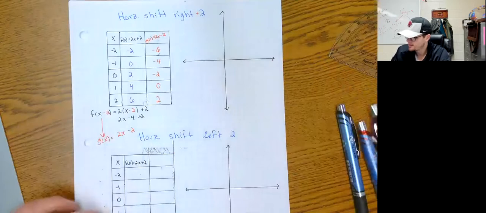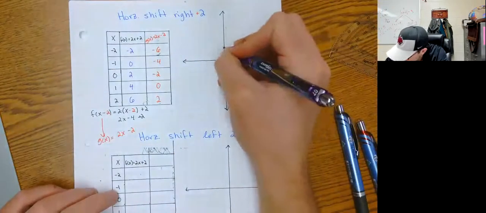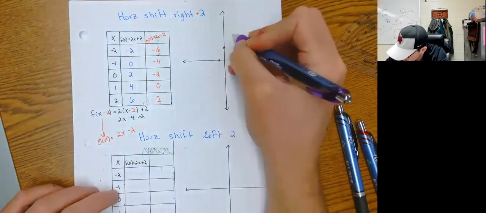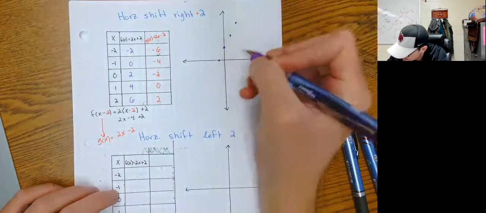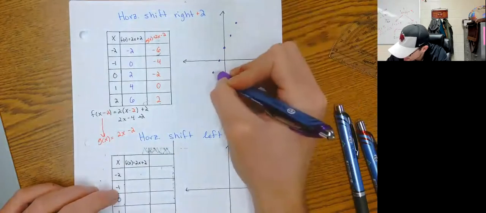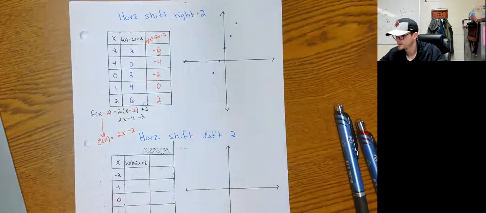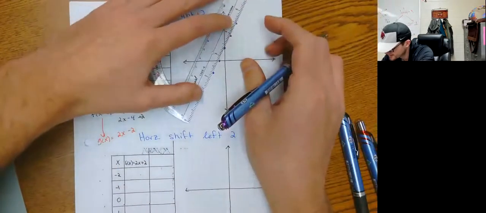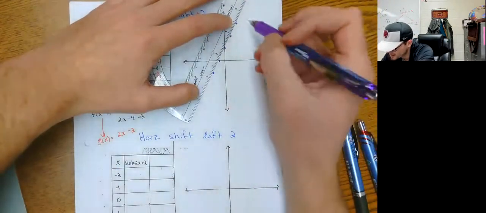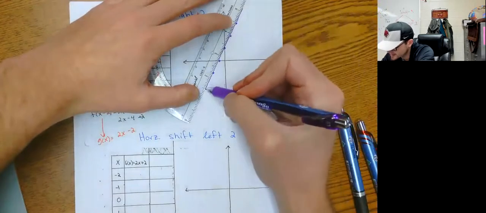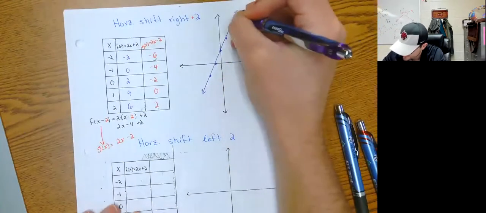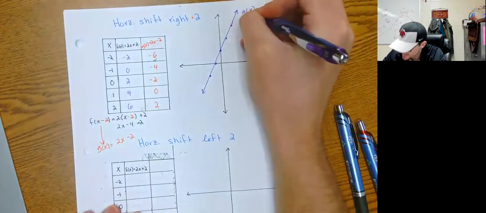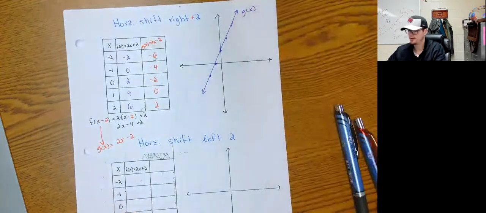All right, so let's graph these. We got this one, this one, this one, this one, and this one. Okay, so that's g of x. So important that you're doing it only to the x. Okay, now we plot these ones.